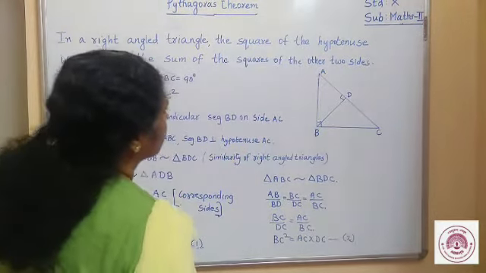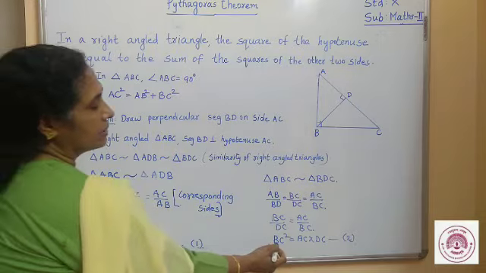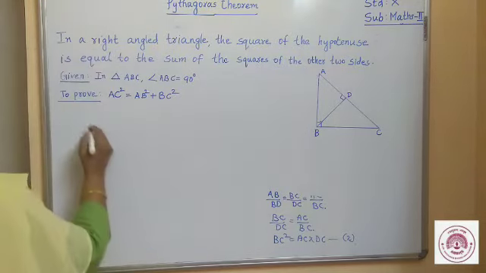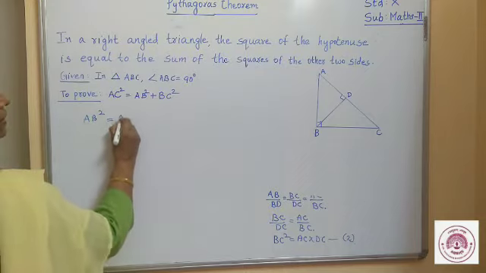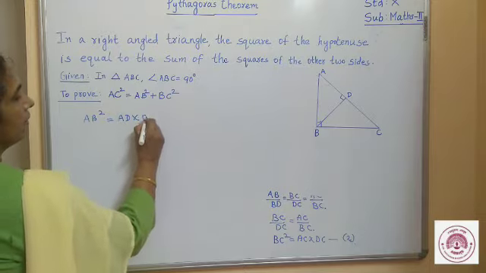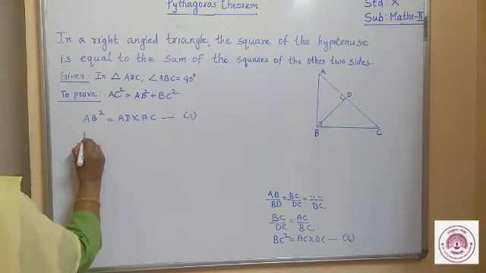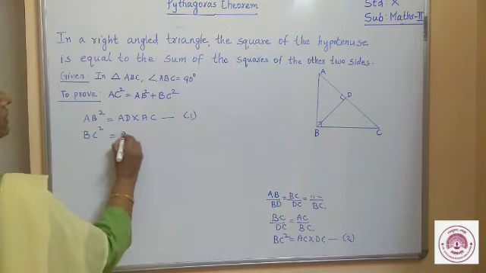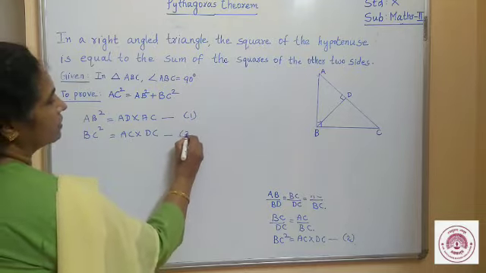Now, taking these two equations, the first equation is AB square is equal to AD into AC, equation number 1, and the second equation is BC square is equal to AC into DC, equation number 2.